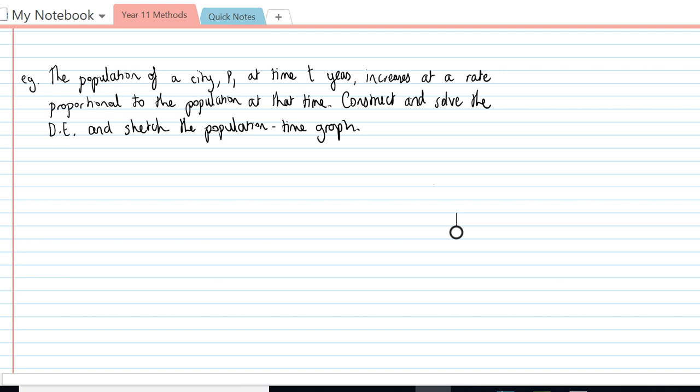So that means the rate of change of the population, dP/dt, is proportional to the population at some time t, so it's proportional to P. That means that dP/dt is equal to k times P. And notice here that k is positive, which indicates that it's going to be increasing, or, well, we can assume k is going to be positive here anyway.